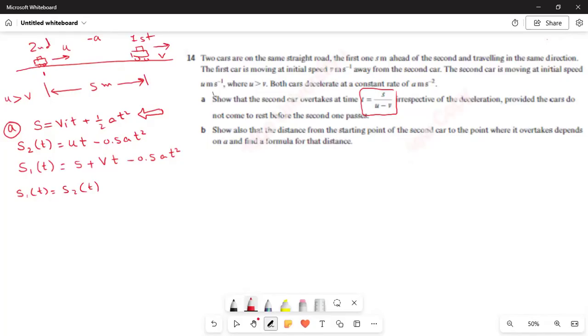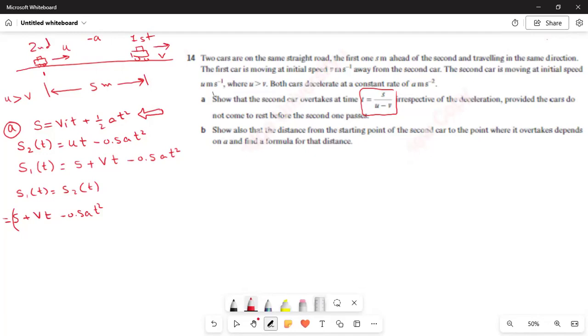So let me put the two expressions equal together: s plus vt minus 0.5 a t squared.